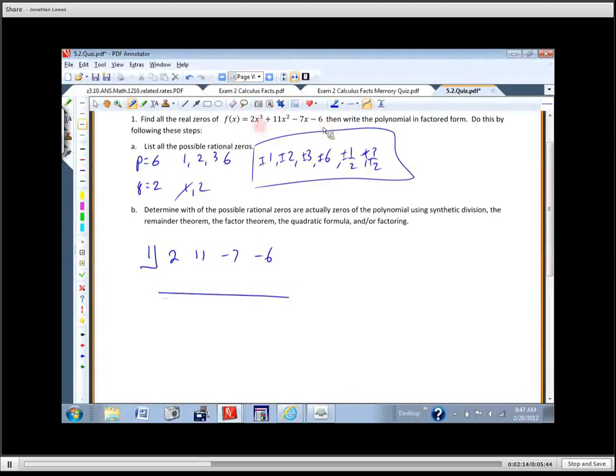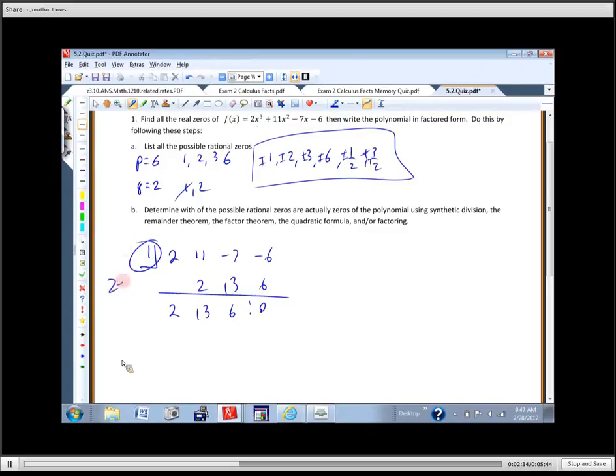Again, I'd put in a place saver of a 0 if something wasn't there. So I bring down, I multiply. That's a 2. That's 13. That's a 6, multiply, that's a 6, so that's a 0, okay? So that means this does go in evenly. That means that's a 0.